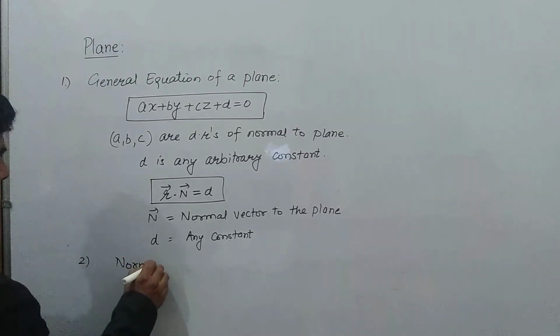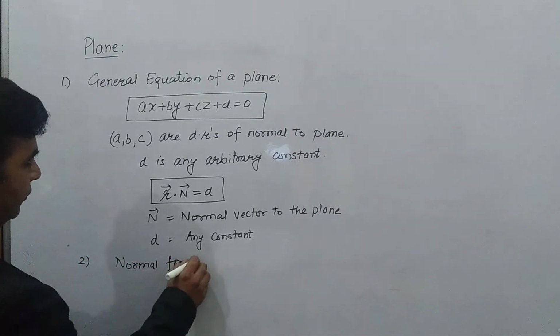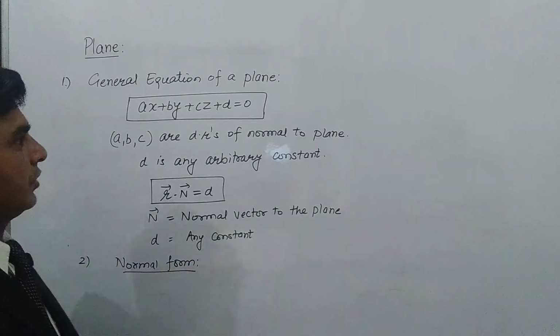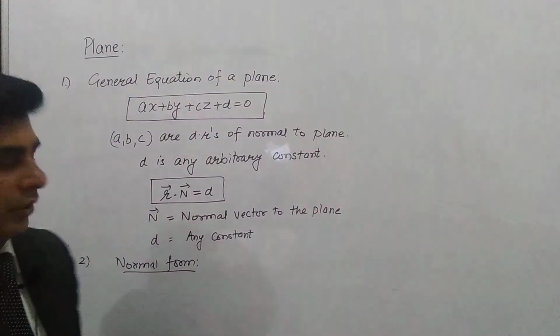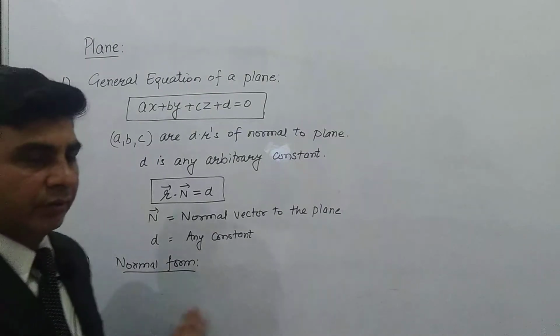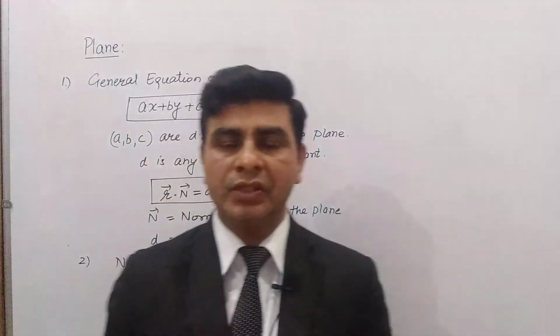Let me discuss the normal form, or the normal equation, of the plane. This is used whenever you are given the distance from the origin.